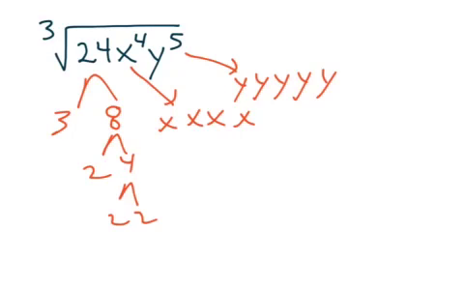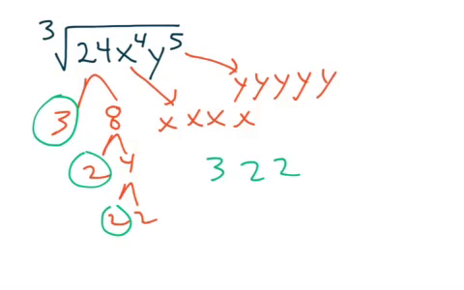So, what do we do next? Well, let's be careful here and let's just list them out. We have a 3, we have a 2, we have a 2, and we have another 2. Now, don't forget that these numbers I just listed out are not regular numbers. They're actually baby cube roots in this situation.